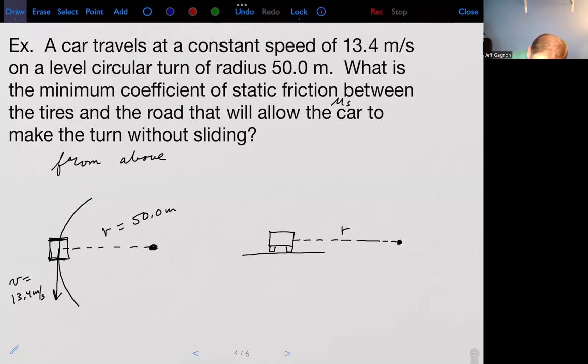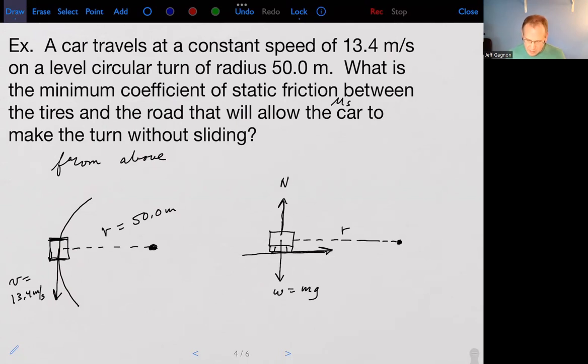The forces acting on it are the weight of the car, the gravitational force, which acts straight down. We have the normal force that the road exerts on the tires, straight up. And then what is the force that's acting towards the center that's keeping it moving in the circle? What's causing that centripetal force? That's got to be the friction, right? The friction from the road acting on the tires towards the center, like this.